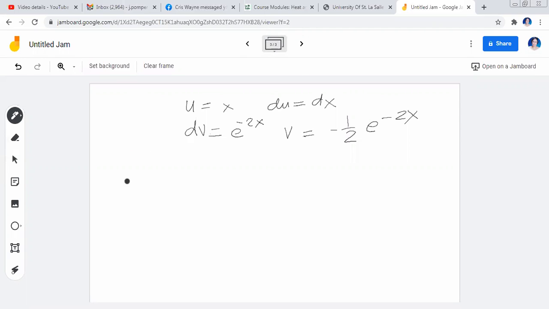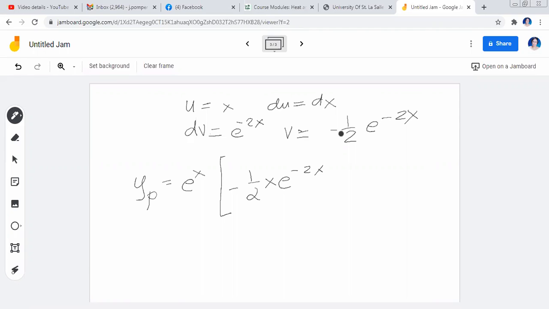So the answer now will be yp is equal to e raised to x, and then the corresponding answer for this one, negative 1/2 x e, sorry class, this is equal to, so you have this one, uv e raised to minus 2x v du.